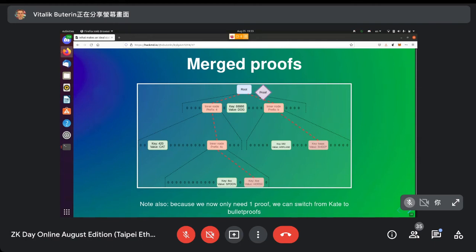And then there is a single proof that simultaneously proves this parent-child relationship between root and the inner node prefix b, this parent-child relationship between inner node prefix b and the sheep node, this parent-child relationship from root to prefix 4, this parent-child relationship going from prefix 4 to prefix 4c, and then this parent-child relationship from prefix 4c to the horse node, right? So one single proof proves all the parent-child relationships.